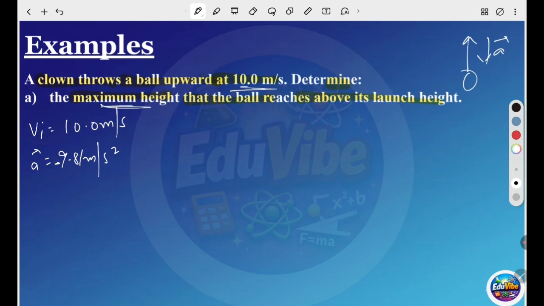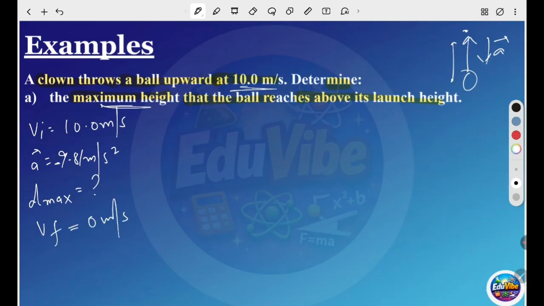We have to find the maximum height, so we have to find the height from there to there. So this is d that we have to find. And when it goes up to this, in this state it has some final velocity too.